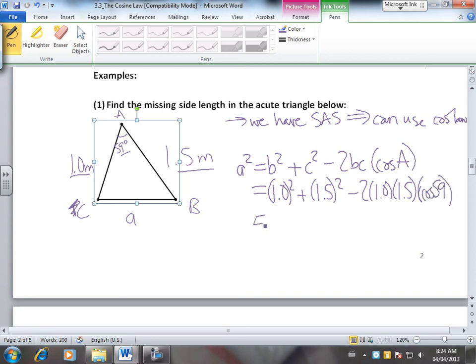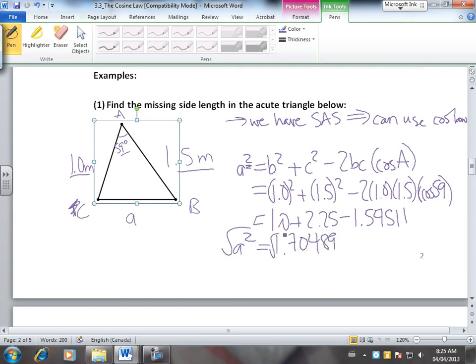We end up with 1 squared is 1, plus 2.25, minus 1.54511. So you have a squared. Remember that you still have your squared here, so make sure you pull that squared down. Equals 1.70489. And then if we square root both of them to get a by itself, a will equal 1.3057.